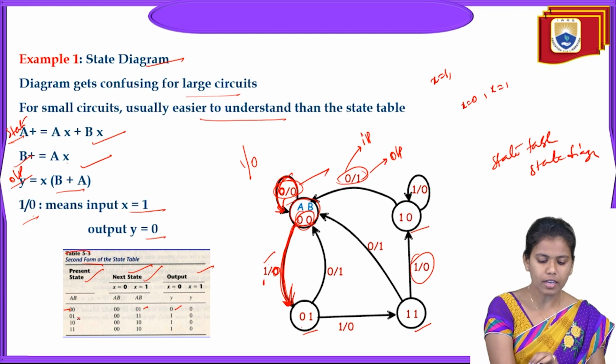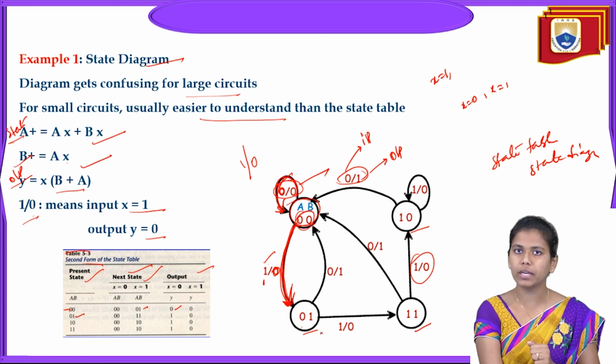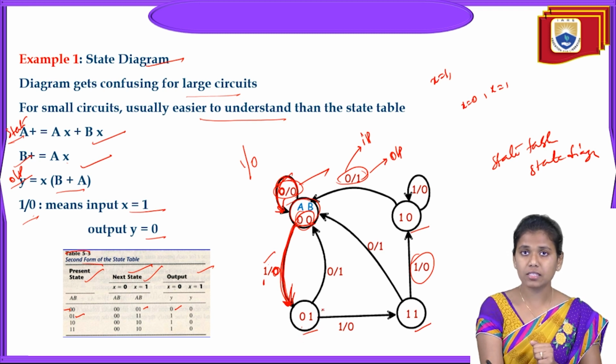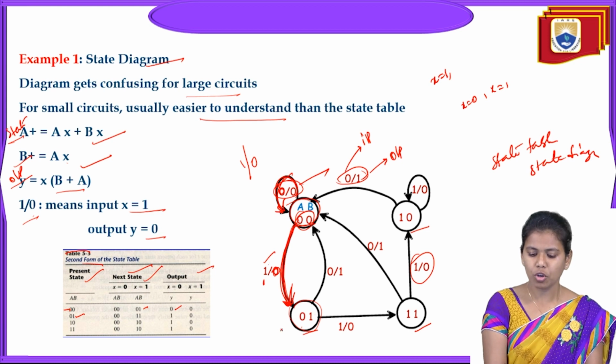And then coming to 0, 1. If 0, 1 is my present state, what happens here? The next state would be, when X is equal to 0, for the 0, 1 case, we see the output is 0 and 0. But when X is equal to 1, what happens?